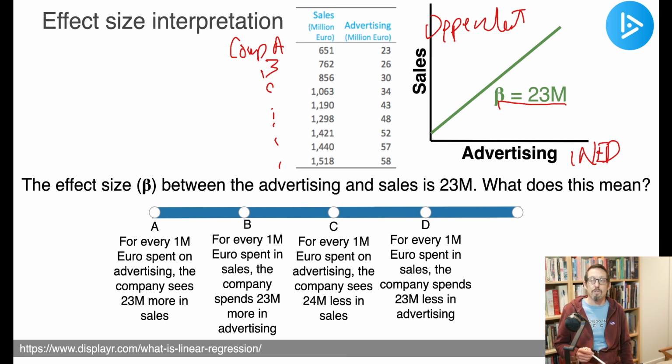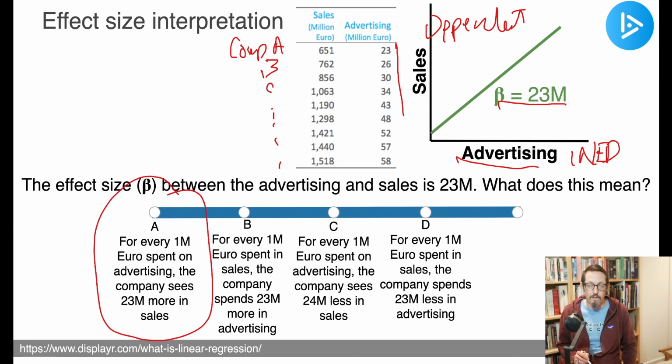Given that description, for every 1 million euros spent on advertising, we should see a 23 million increase in sales. And that, my friends, is answer A.